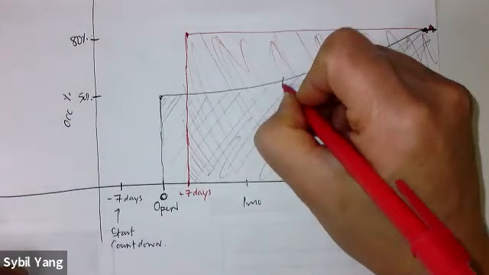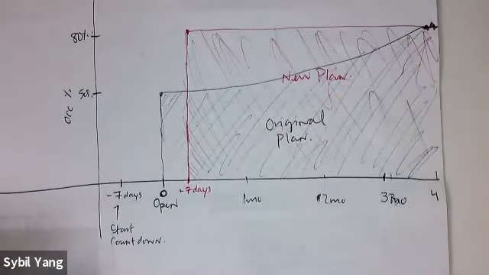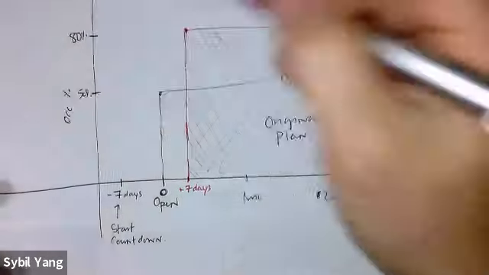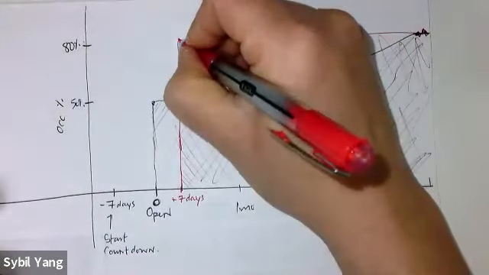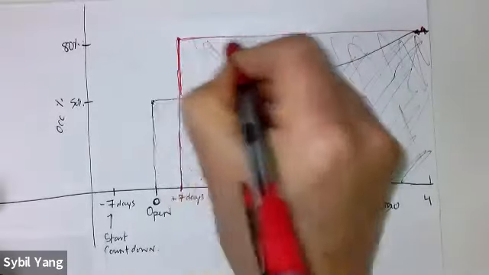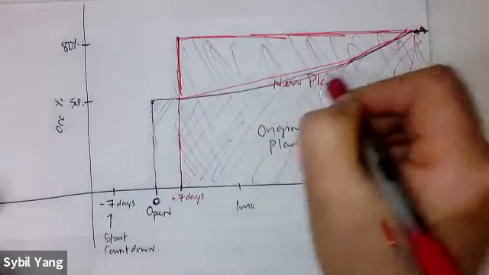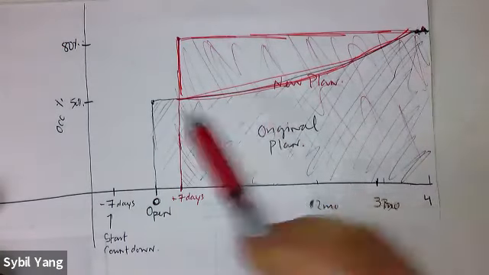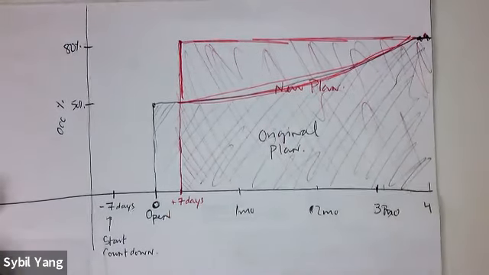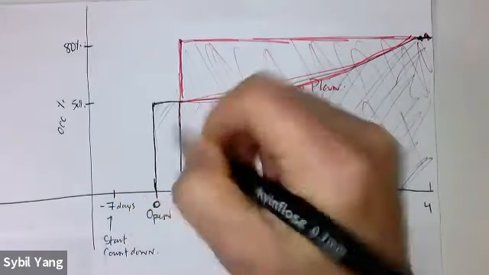You'll notice a couple of things. The difference between the new plan and the old plan is that Millennium is going to make this additional part, because it's just red, there's no black overlapping it, but it will lose this part because this is only black. There's no red in it.